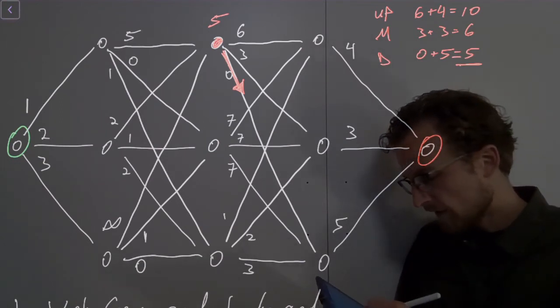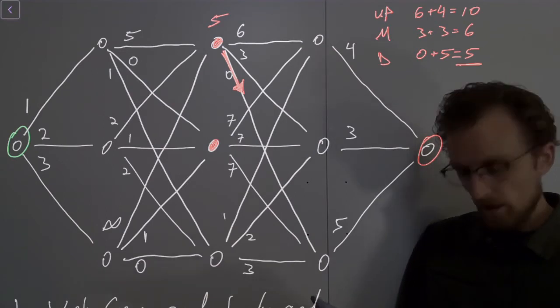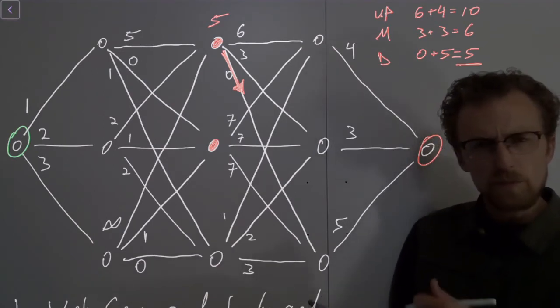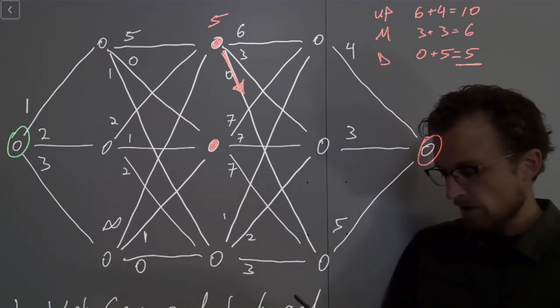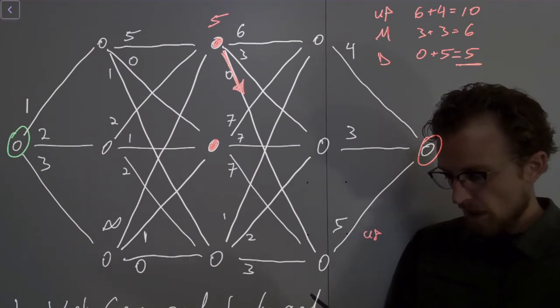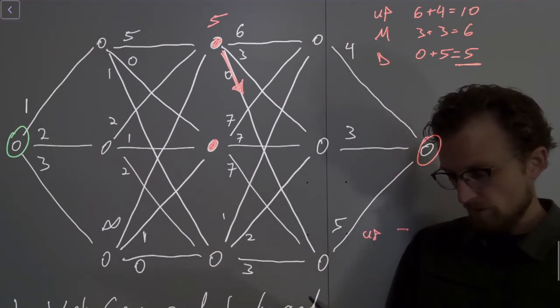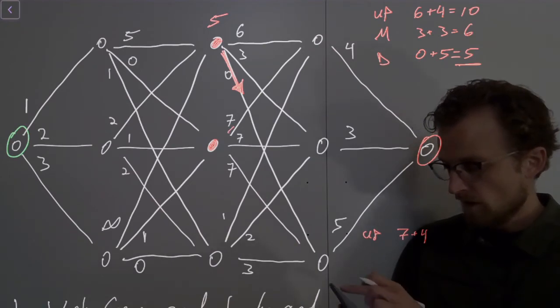Now let me move on to this node. At this node, I have 3 choices to make, and I'll write them down here. I won't be quite as exhaustive for all these, but I want to do a couple of steps just to make sure it's clear what's going on. If I go up, that'll be a cost of 7 plus 4. What's the 7? The 7 is this one. And what's the 4?